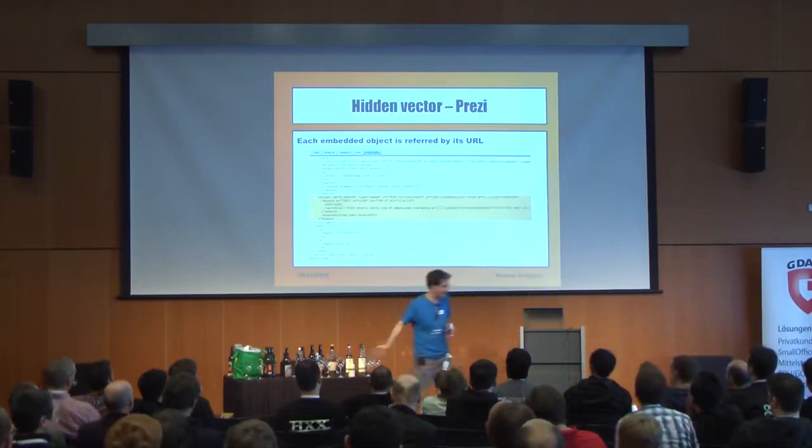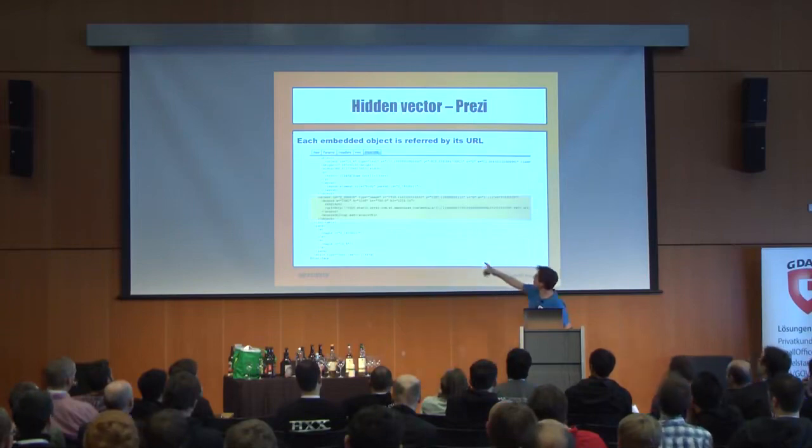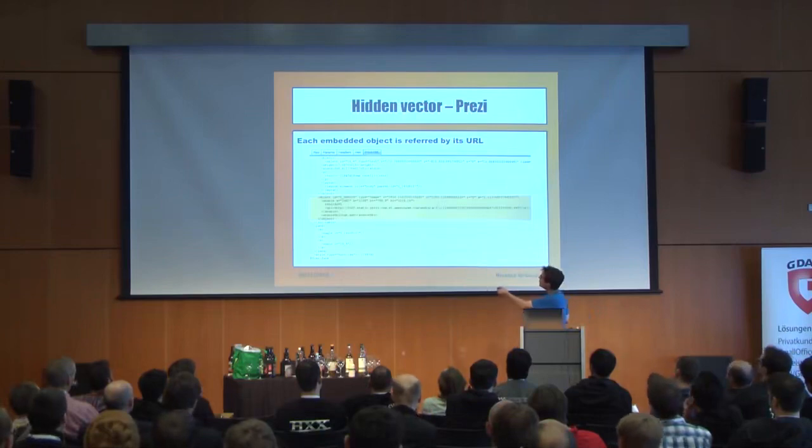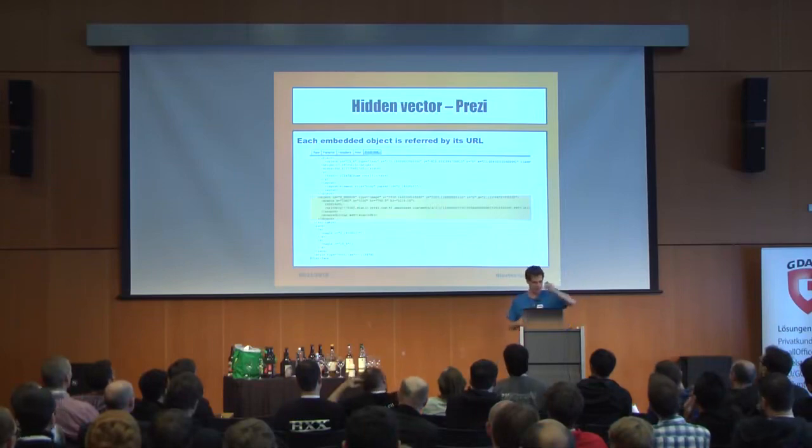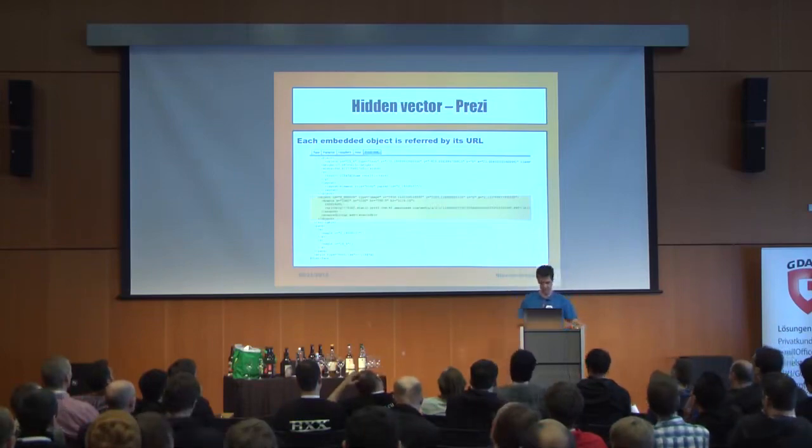And then you have a new object node, and you have a lot of stuff. And here you have a URL node, and you have the public URL of your image. When you import the content, it's fetched from the internet.